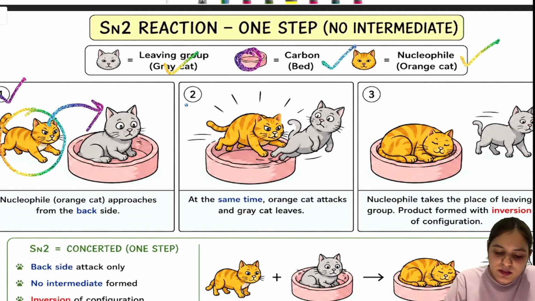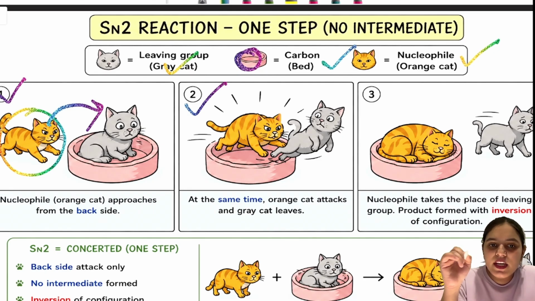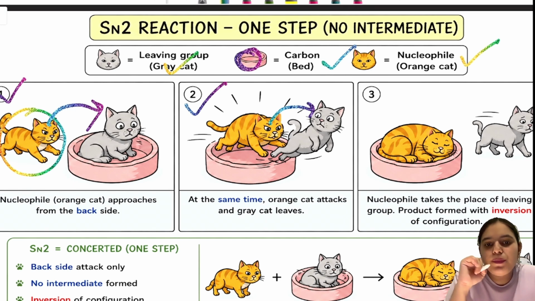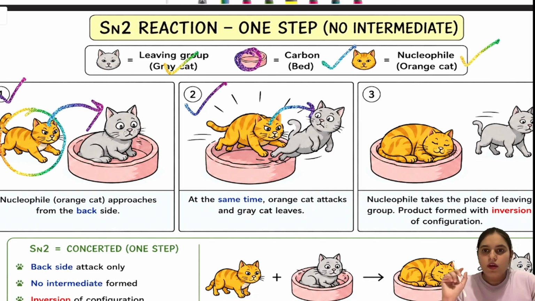In the second figure, the orange cat enters the bed and the grey cat starts leaving the bed. At the same time, this means the formation of the new bond and the breaking of the old bond occur simultaneously.